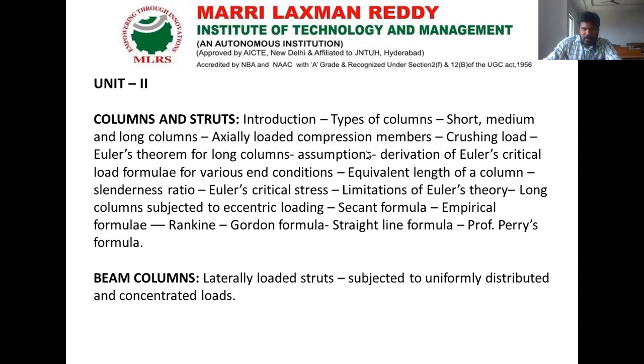Then axially loaded compression members, crushing load, Euler's theorem for long columns, assumptions, derivation of Euler's critical load formula for various end conditions, equivalent length of a column, slenderness ratio, Euler's critical stress, limitations of Euler's theory, long column subjected to eccentric loading, secant formula, empirical formulas, Rankine-Gordon formula, straight line formula, Professor Perry's formula.